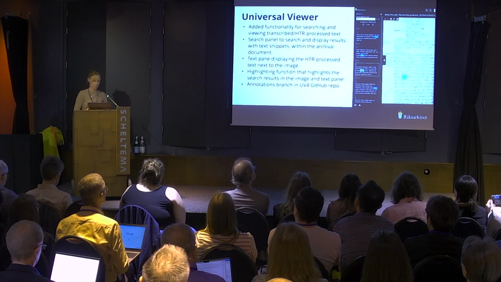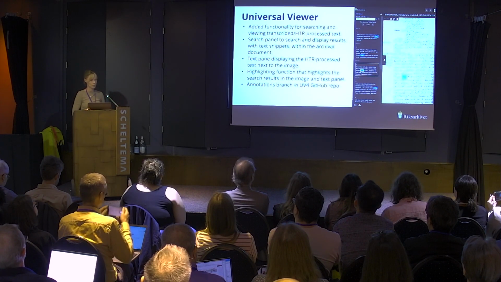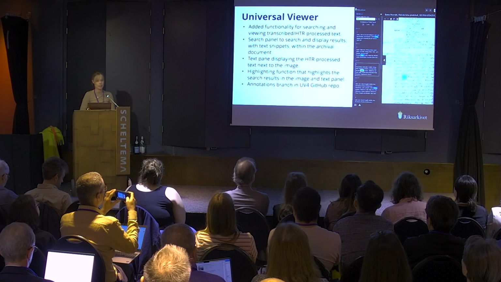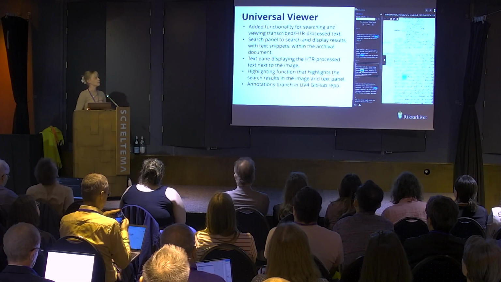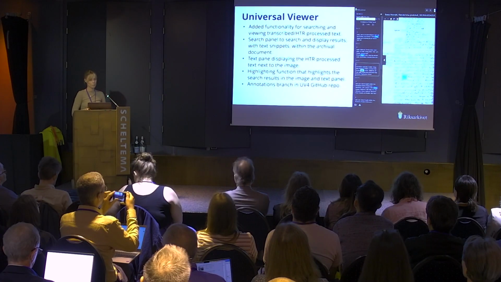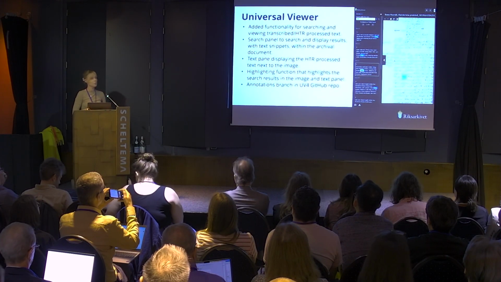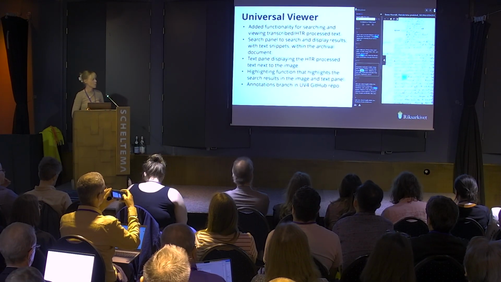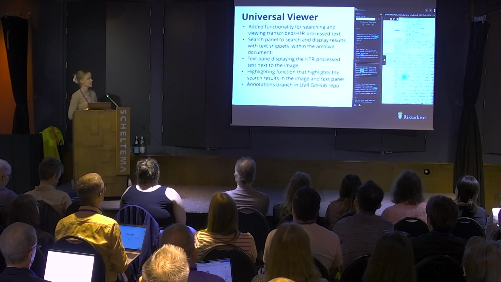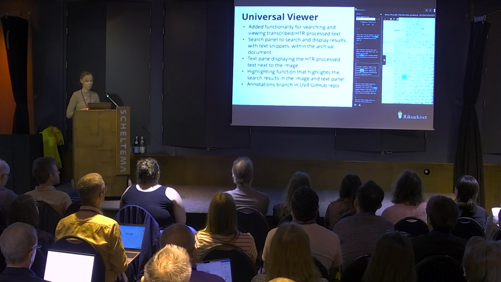But first, let's have a look at the image viewer, because in this project we did a lot of development to the Universal Viewer to make it possible to search and view the handwritten text recognition text inside the viewer.